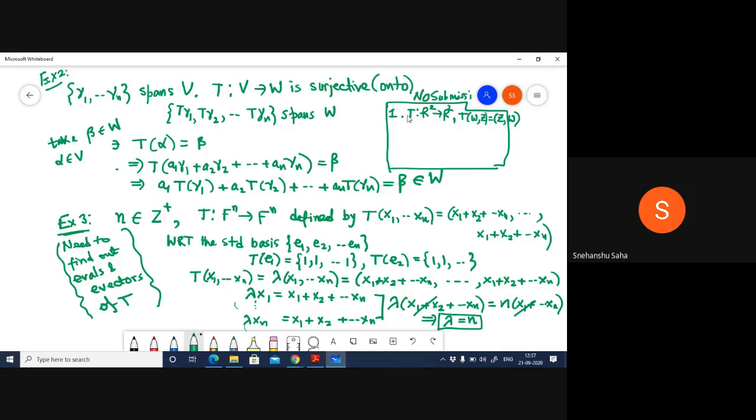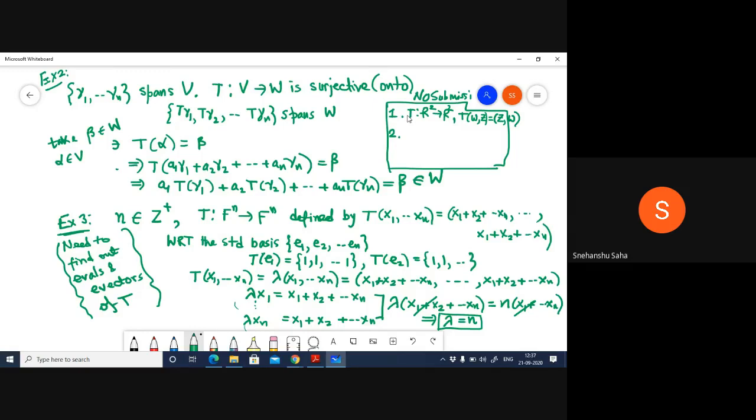Without constructing the matrix and the determinant, you can find the eigenvalues. Just follow the simple eigenvalue-eigenvector formulation: you write T of (w, z) equal to lambda times (w, z), and just solve the simultaneous equations, which is very easy to solve. It should not give you any computational headache. So that's number 1.